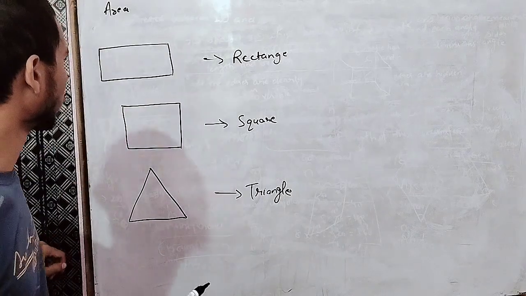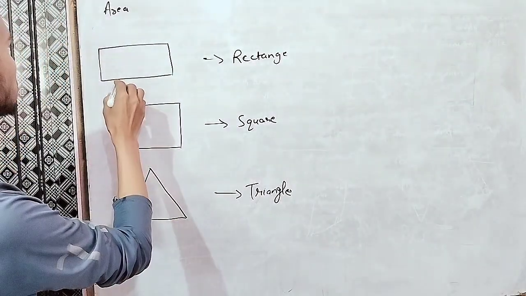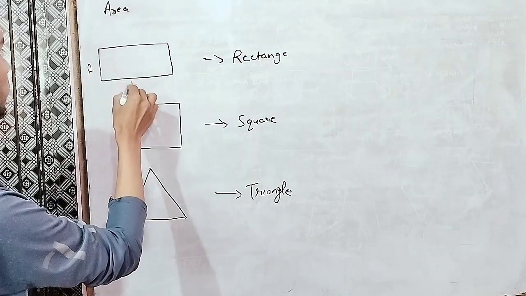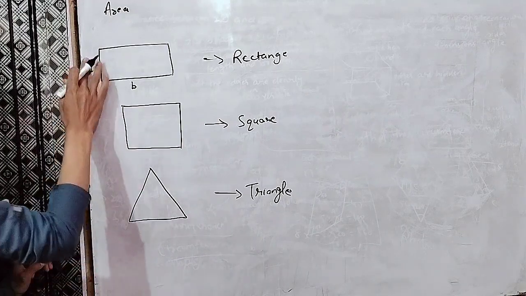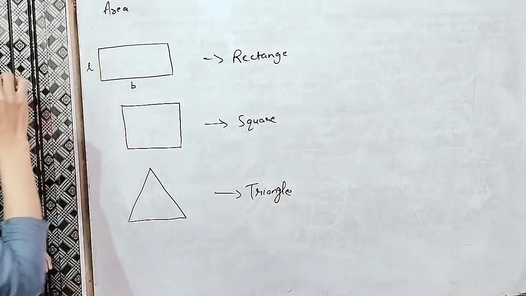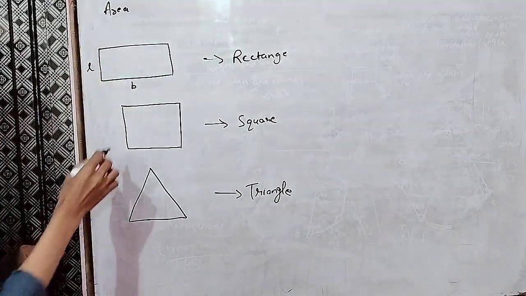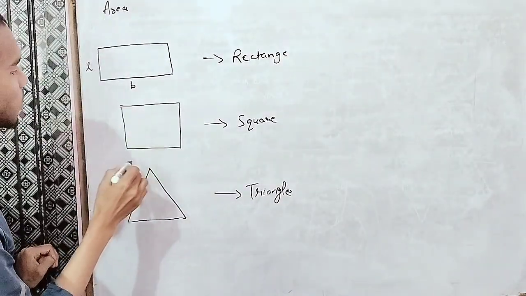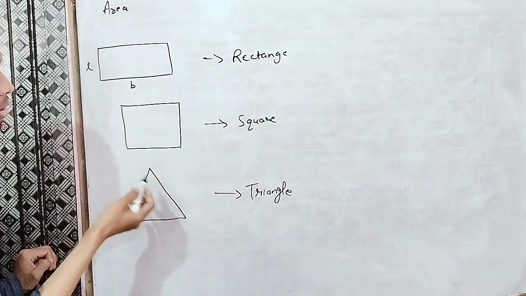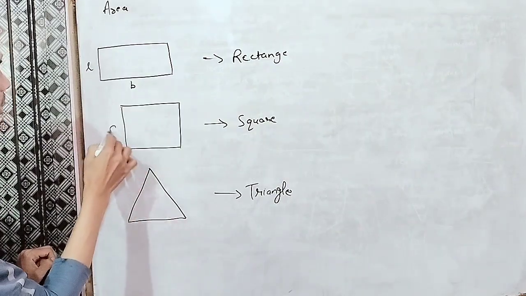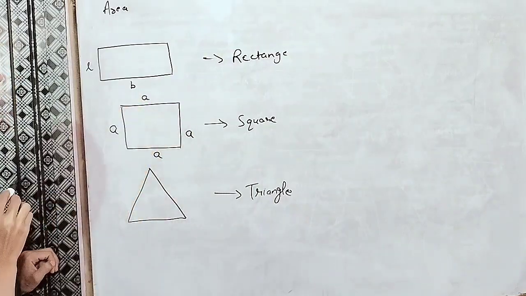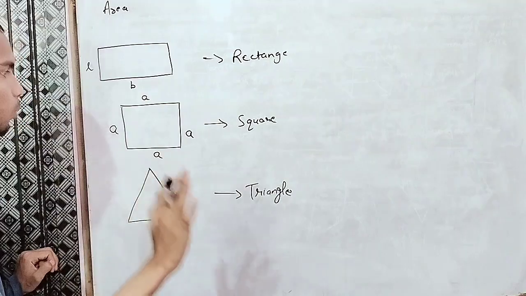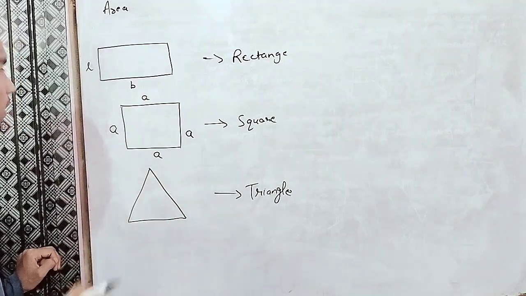Here we have length and breadth. Breadth means width. This is length. Now in the case of a square, all sides are equal, that's why we apply only one variable.